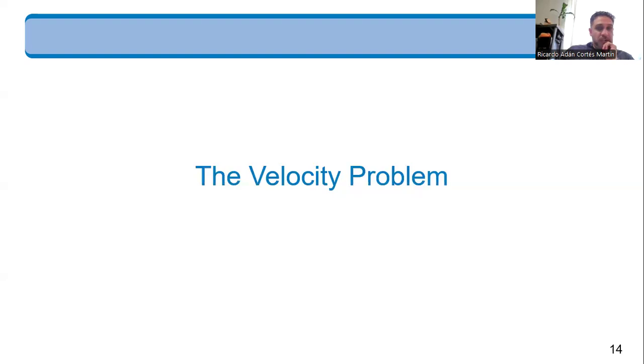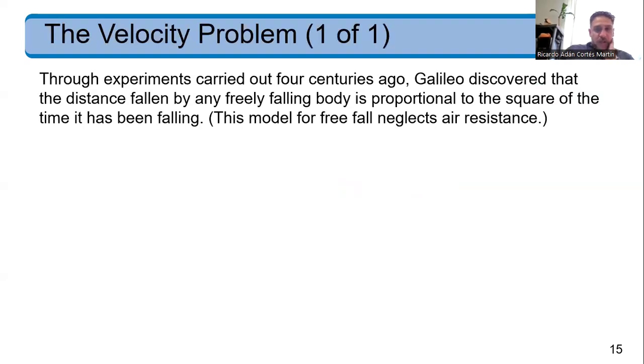Now, for the case of velocity, if any object like a falling body, imagine a ball that is falling down, does it fall at the same speed all the time? Well, the answer is no. It starts with a velocity equal to 0, and then it accelerates, and it goes faster and faster and faster and faster.